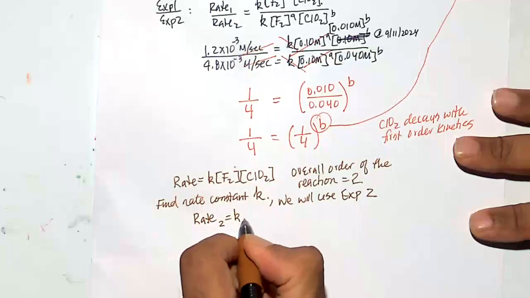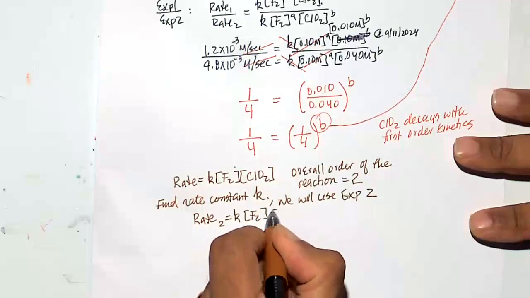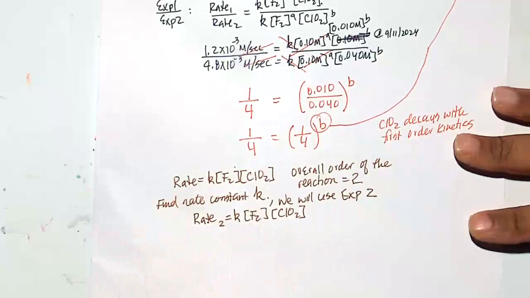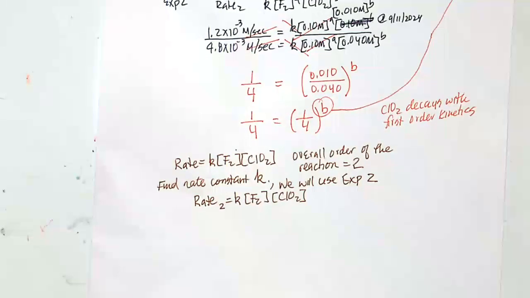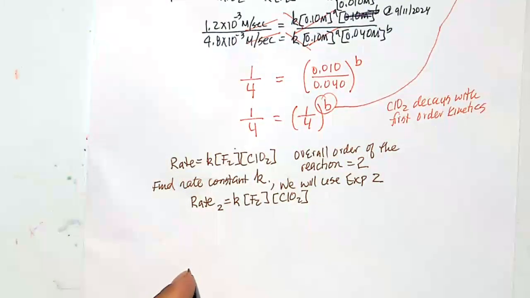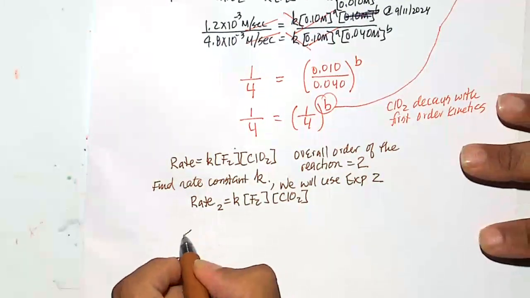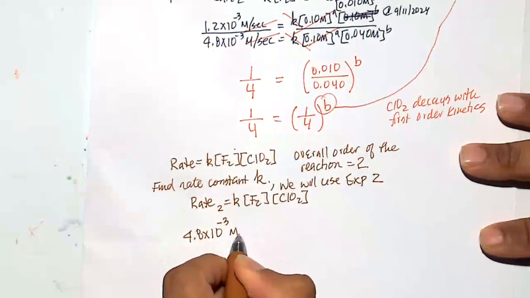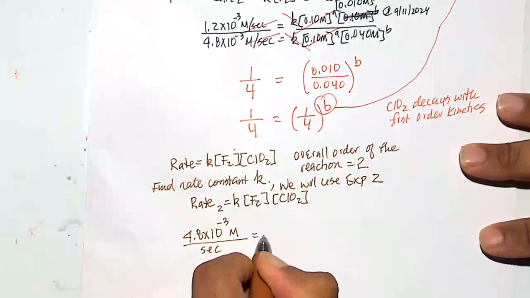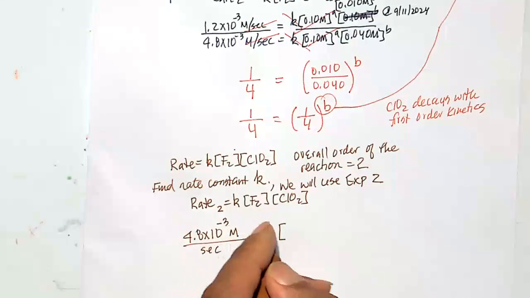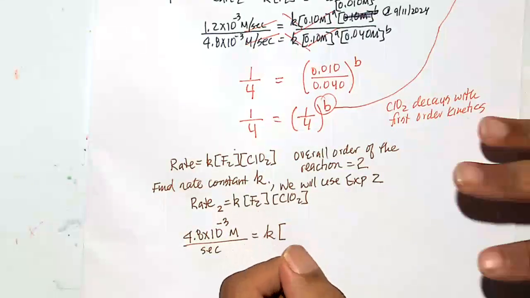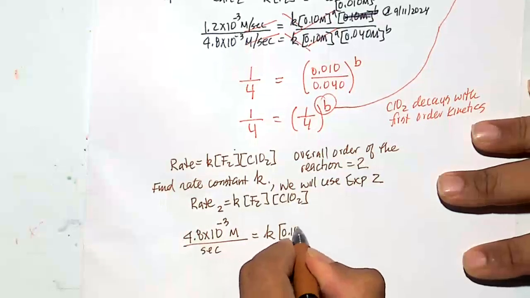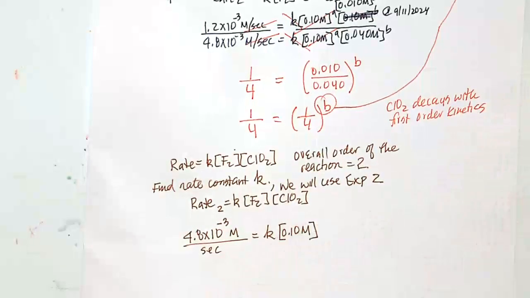So rate 2 is equal to k times F2 times ClO2. What was the rate for rate 2? 4.8 times 10 to the minus 3 molarity over seconds equals k times, what was F2 for experiment 2? 0.10 molar raised to what power?